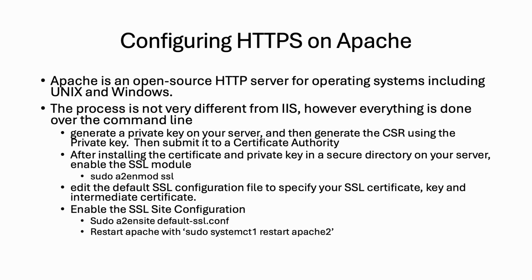After installing the certificate and private key in a secure directory on your server, enable the SSL module. Next, edit the default SSL configuration file to specify your SSL certificate, key, and intermediate certificate. Lastly, enable the SSL site configuration.